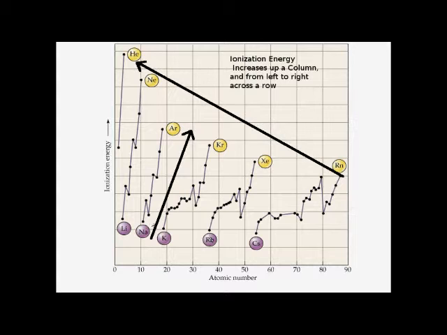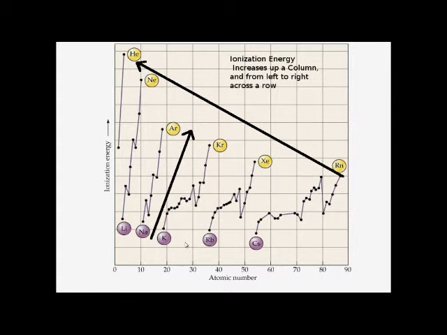The other trend, for which we do have some exceptions, is that as we go left to right across a row or period on the periodic table, the ionization energy increases.